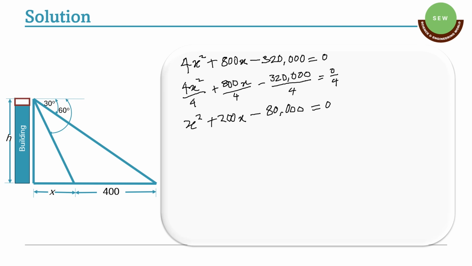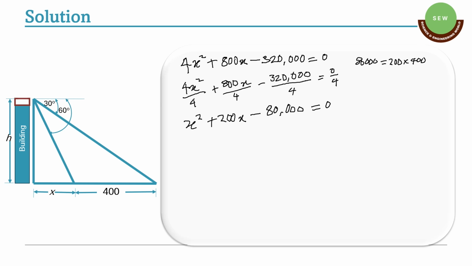If we look closely, we can see we should be able to factorize this, because we have 1 times 80,000, and 80,000 can be written as 200 times 400. That will give us 80,000. Okay, let us see here.